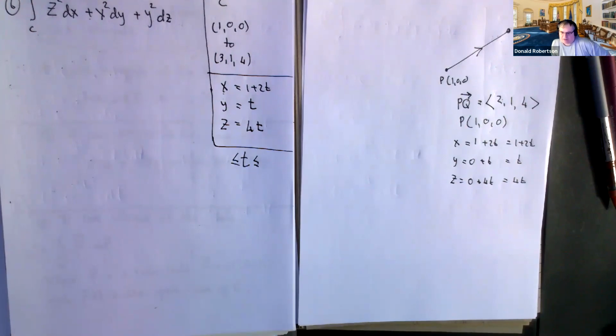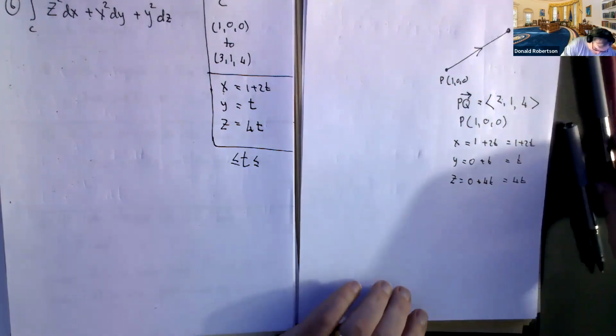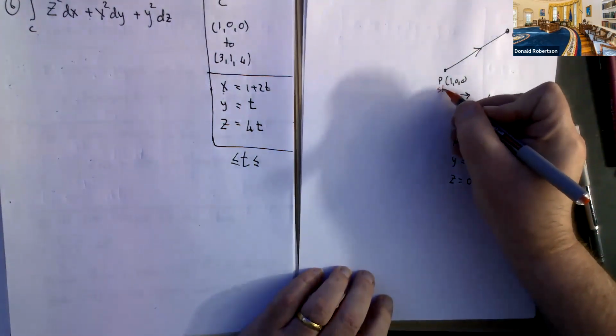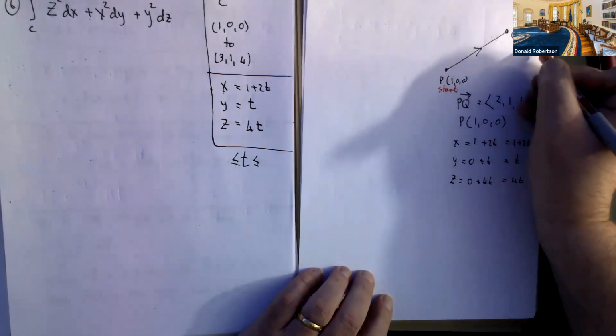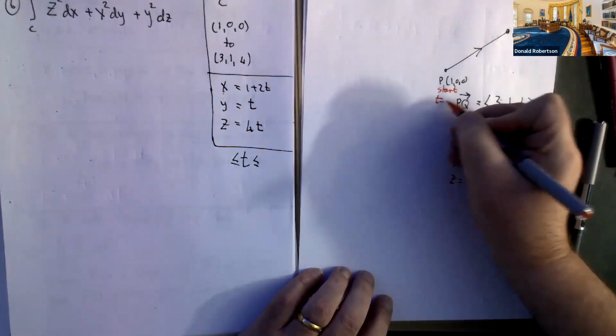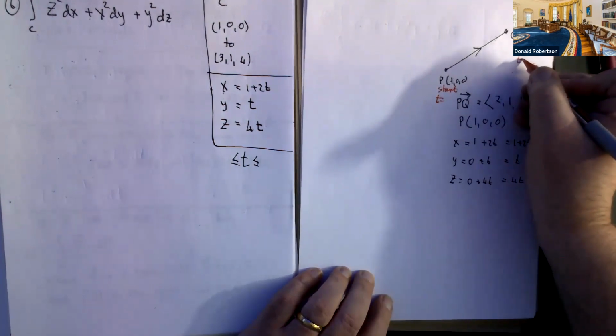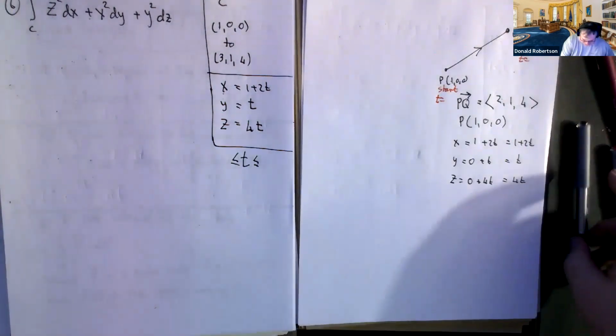I need a start and a finish t. Okay, so I'm going to start here. I'm going to finish here. And I need to know what value of t gets you this point and what value of t gets you that point.